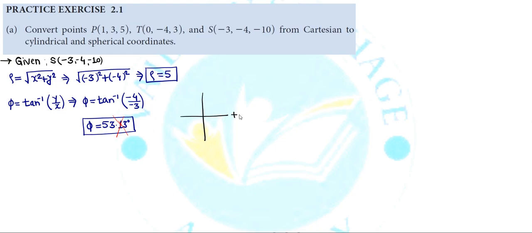This is your plus x, which is located at either 0 degrees or 360 degrees. Then next we have plus y, which is located at what?